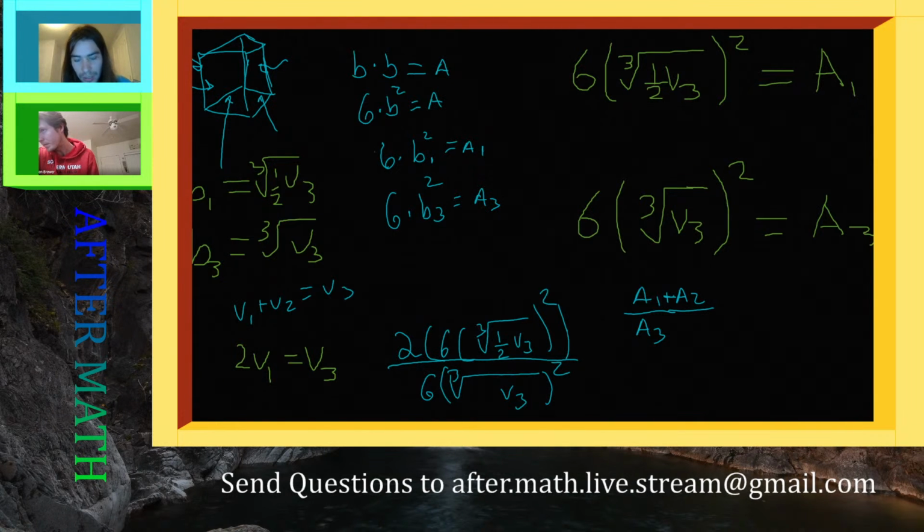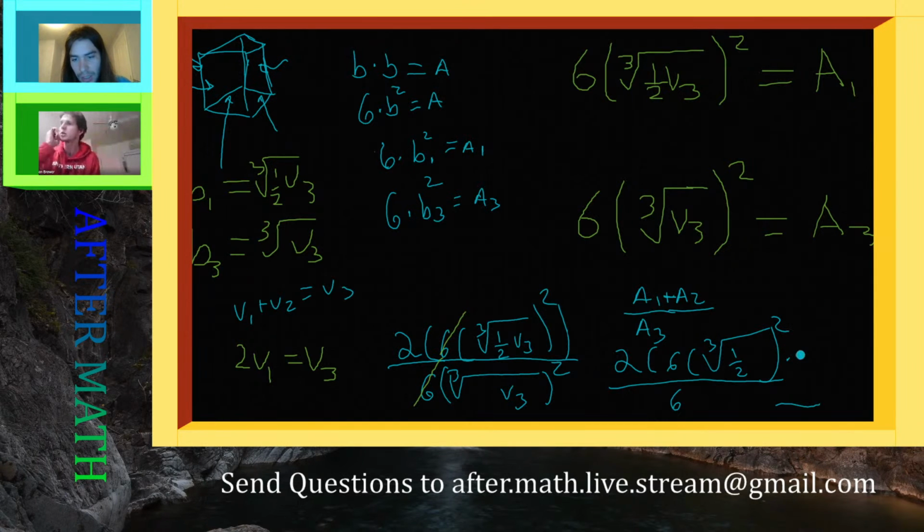We can rewrite this as the cube root of 1/2 squared times the cube root of V3 squared, right?